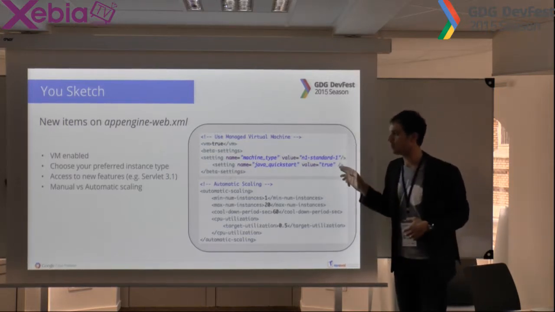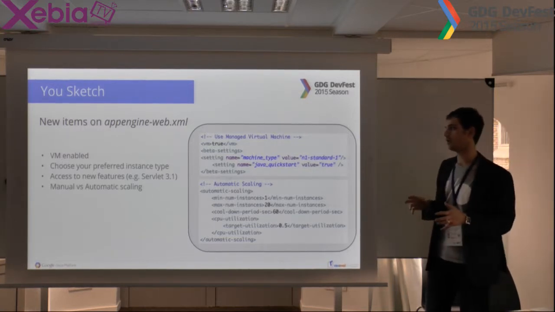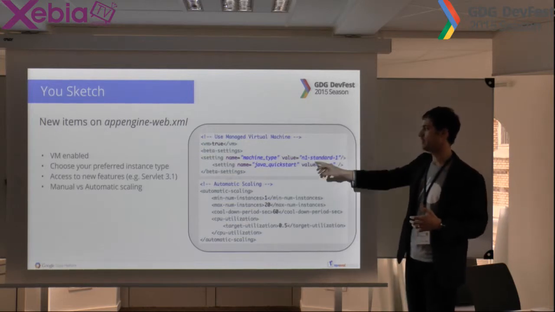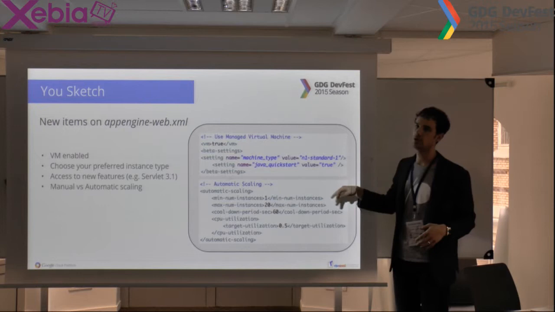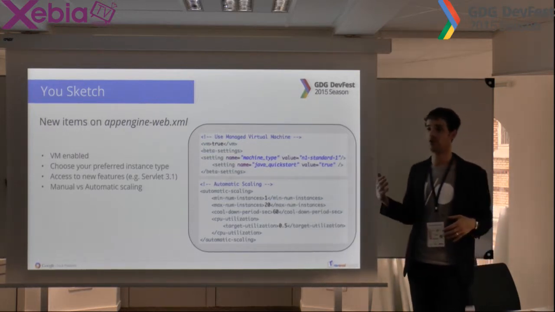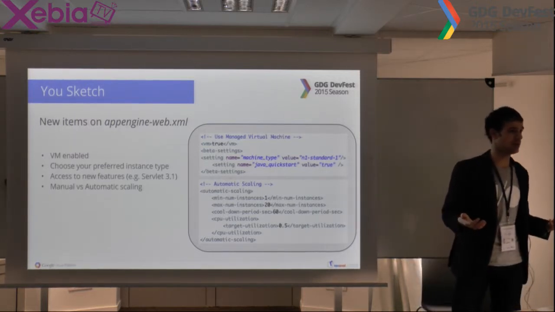Then there are two particular settings that are available only using this beta feature, the machine type and Java Quick Start. The Java Quick Start allows you to get access to a new version of the servlet, the servlet 3.1, which is not available in a normal Google AppEngine application if you are using Java.